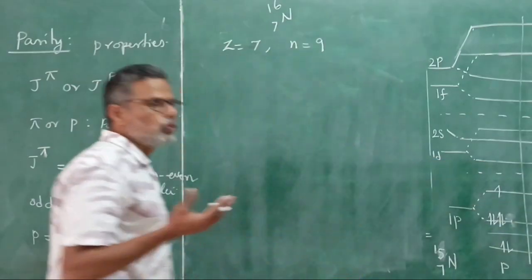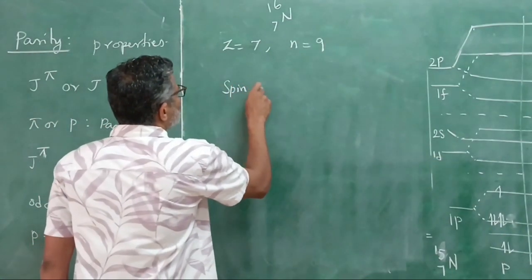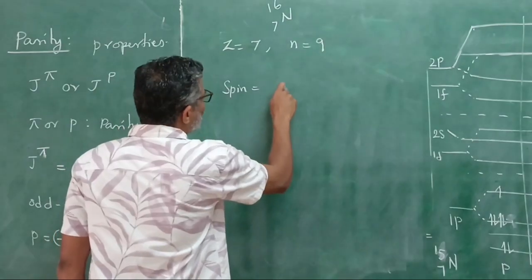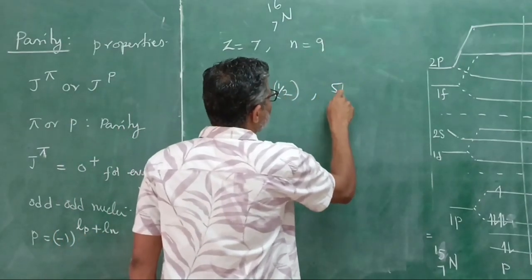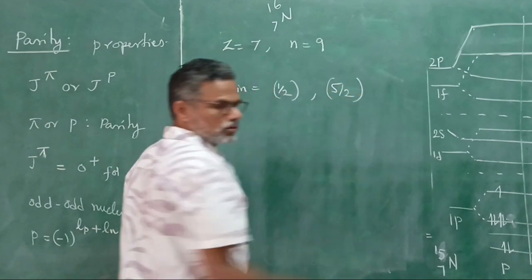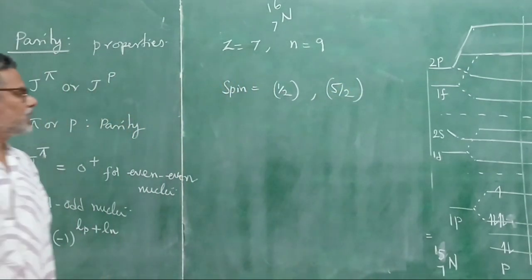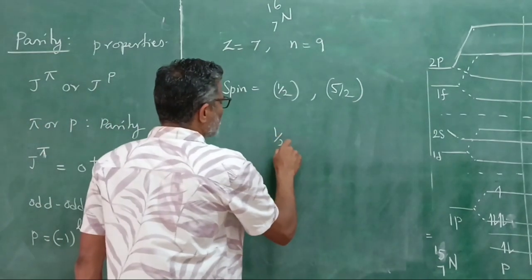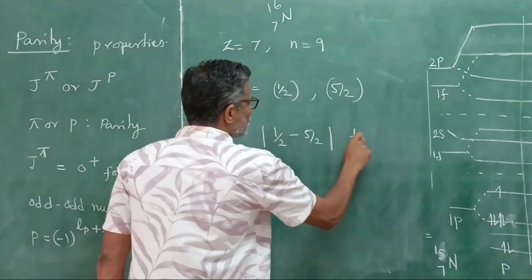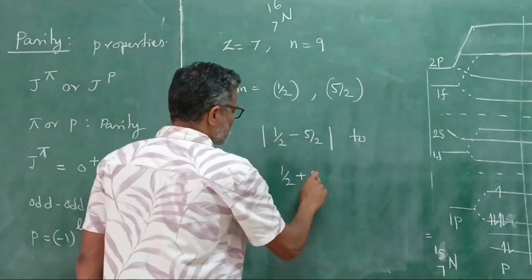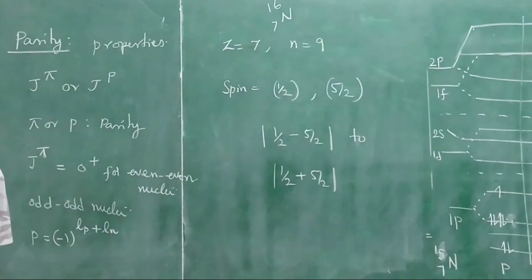So the spin value has two numbers. For the proton, it is 1 by 2, and for the neutron there are two spin values, 5 by 2 as well. And it is a vector sum. So vector sum means 1 by 2 minus 5 by 2 modulus to 1 by 2 plus 5 by 2, so all possible values are available.